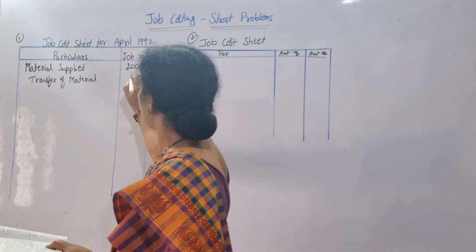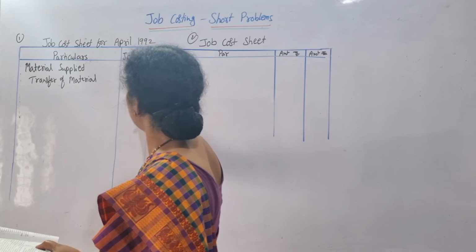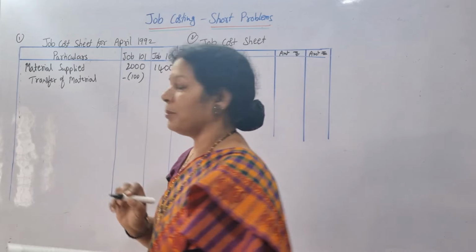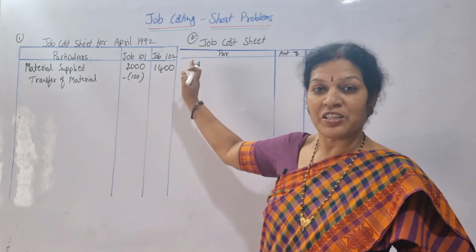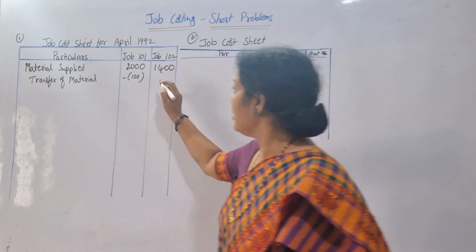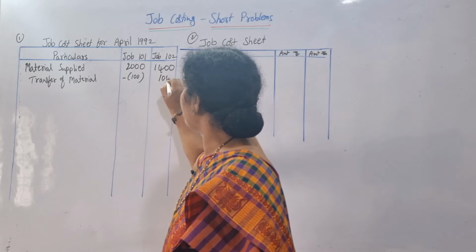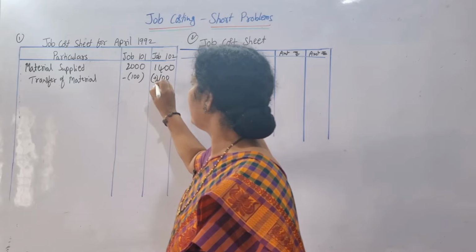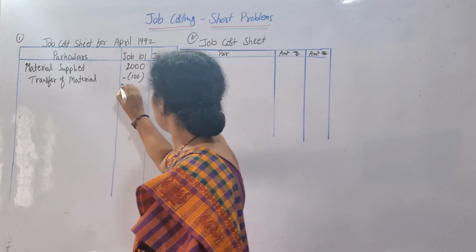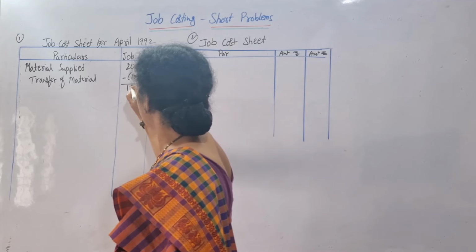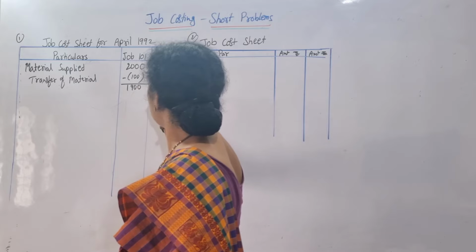Now here we are minusing, because from here we are transferring to the 102. So here we are adding 100. This is adding and this is minusing. If we deduct it, you are getting 1900 here and this is 1500.